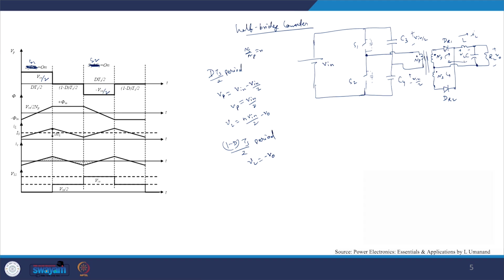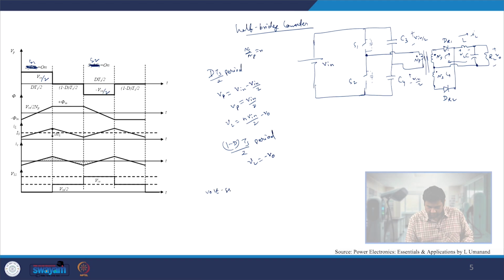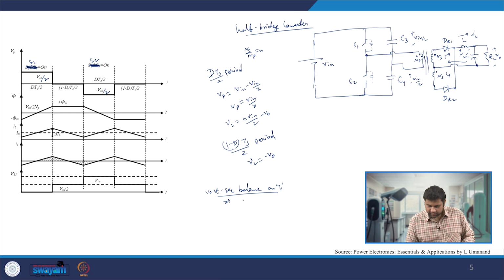Now if we do the same analysis, the volt-second balance on L gives V naught equal to N V in by 2 D. How do we get that?